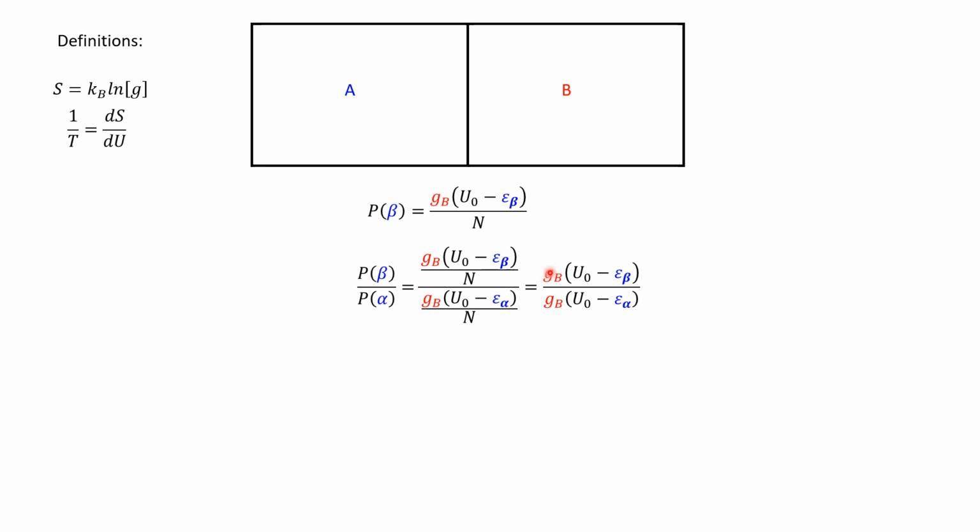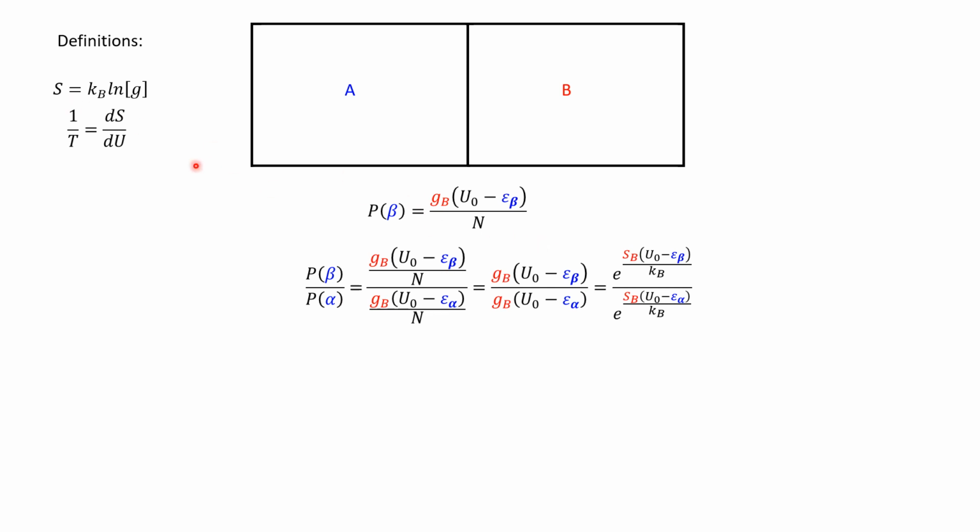So we can re-express this ratio in terms of the entropy. Since the entropy is Kb times the log of G, the log of G will be S over Kb, which means that G is the exponential of S over Kb. Since G is a function of the energy, the entropy is also a function of the energy.